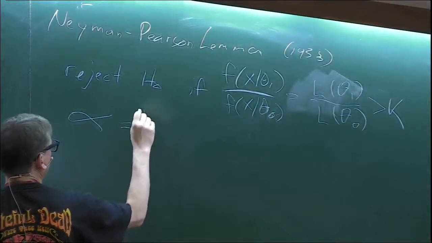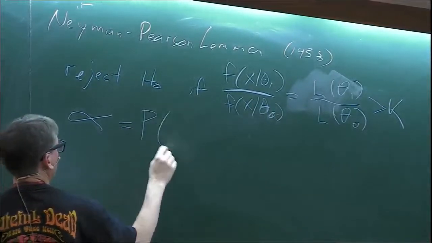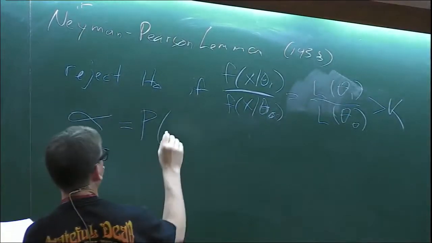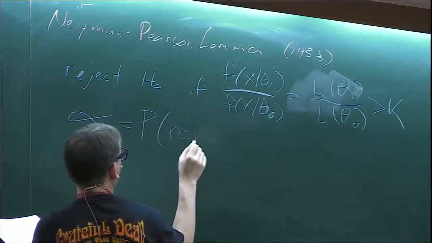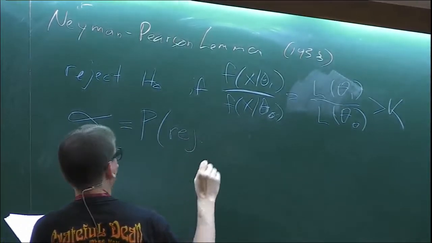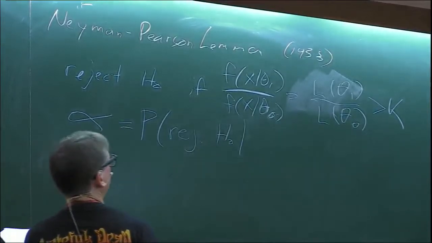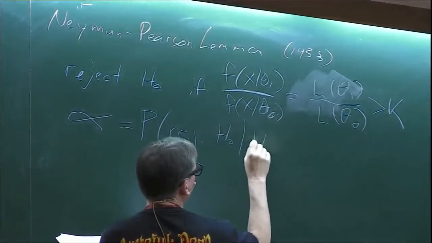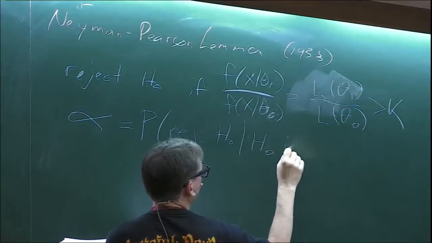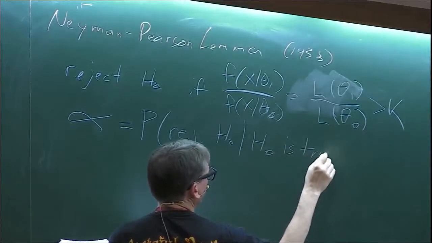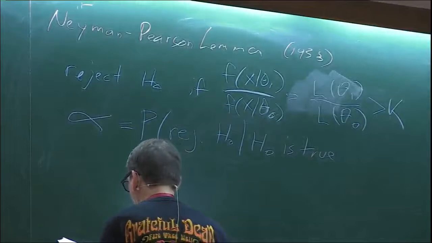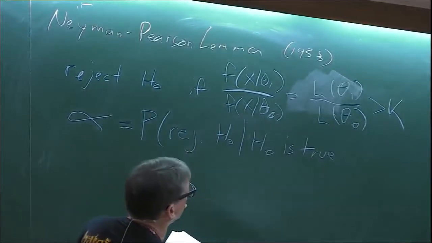Alpha is the probability that we reject H0 even though H0 is true. You never get something from nothing.